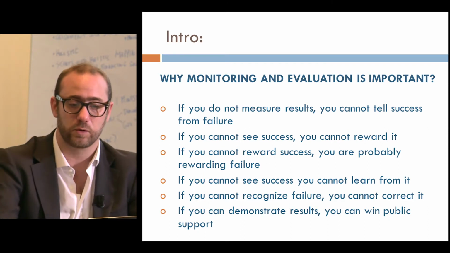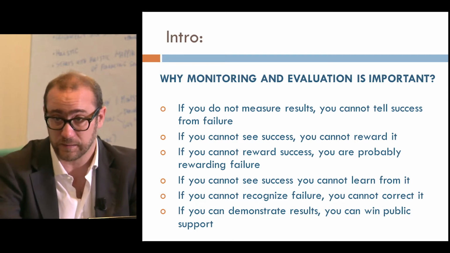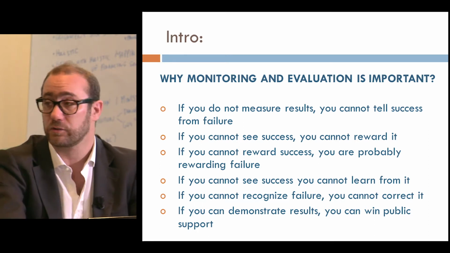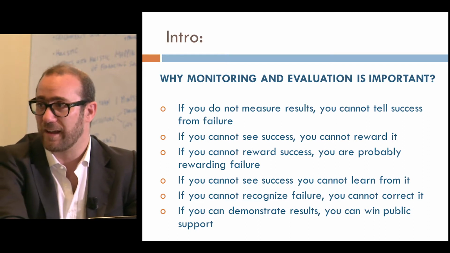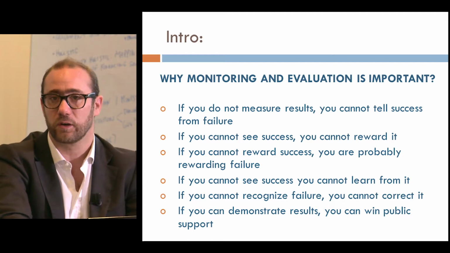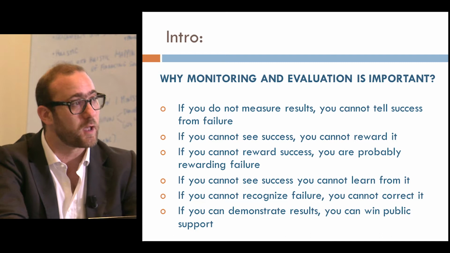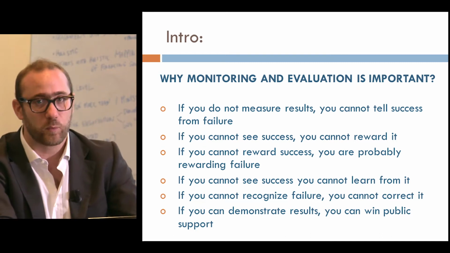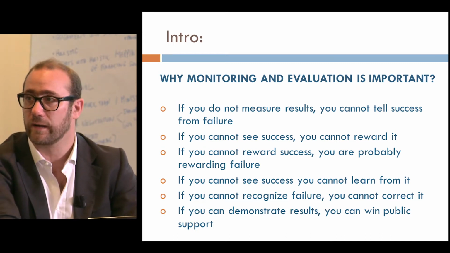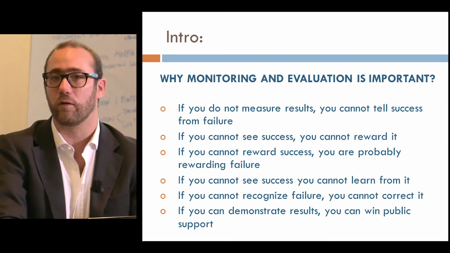Of course, if we can demonstrate the results, we can also win public support. When we show the broader audience, the people and stakeholders, what we are doing, they will appreciate the fact that we are showing what is happening, and they will feel more part of the process.